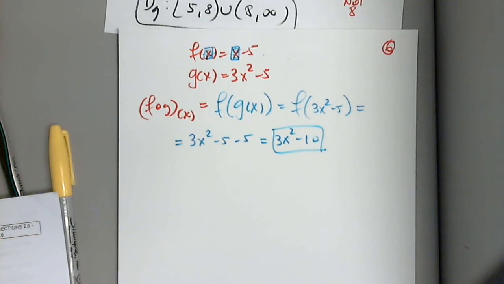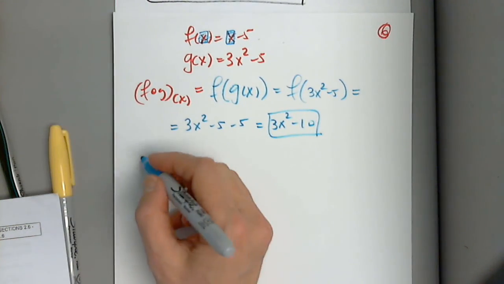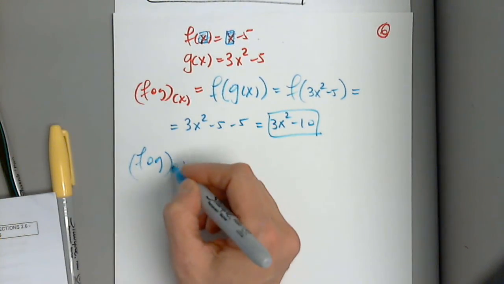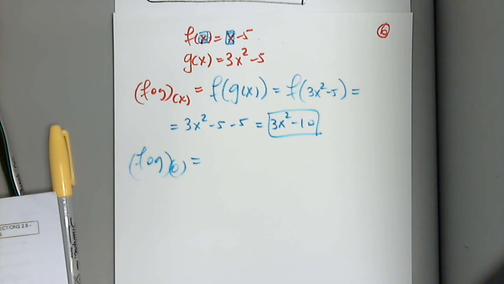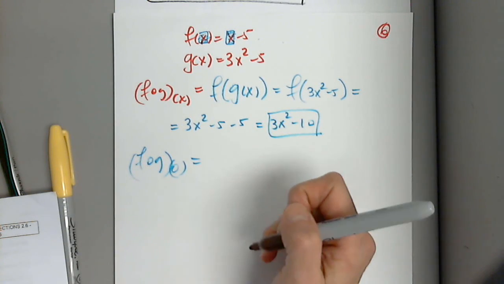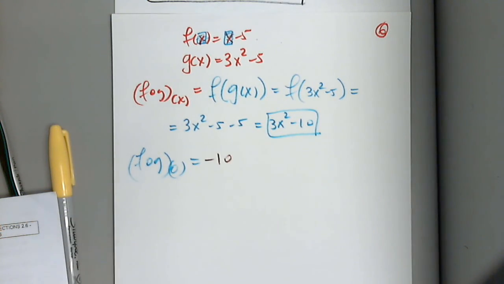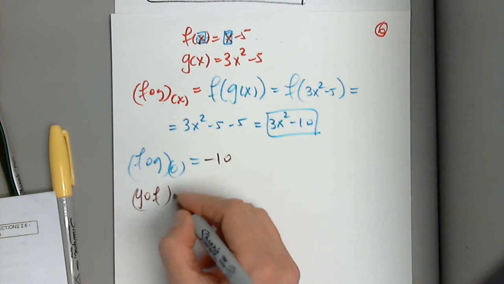So this is f composed with g. We're also asked to find f composed with g of 0. Since I have the function, I want to do that first, and then move on. So f composed with g of 0 is perfect. Okay, next it's g composed with f of x.